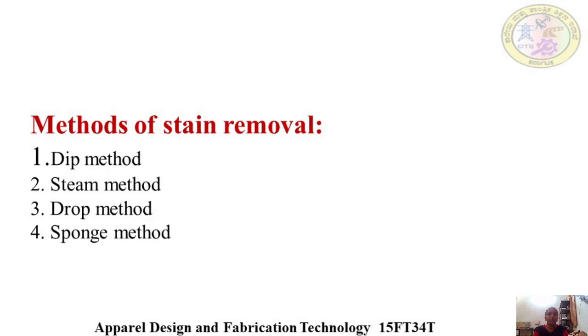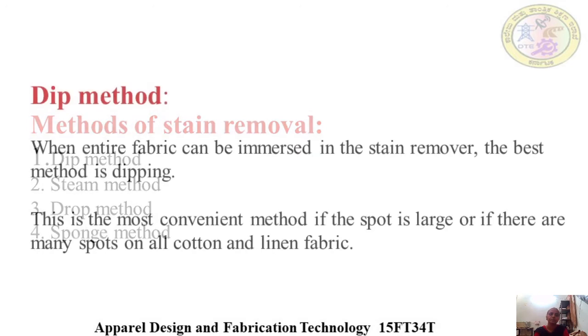So what are the methods of stain removal? First is the dip method, second the steam method, third is the drop method, and the fourth is the sponge method. These are the methods used for the removal of the stains.